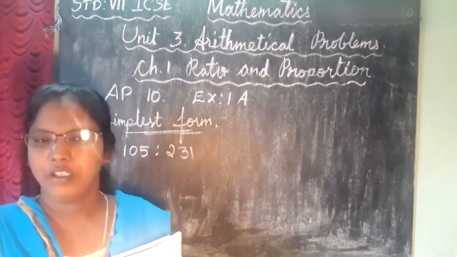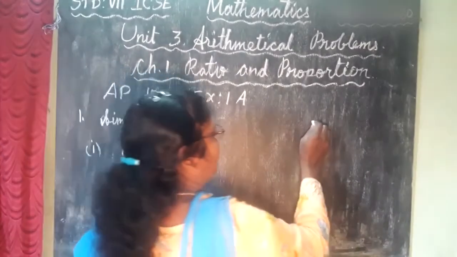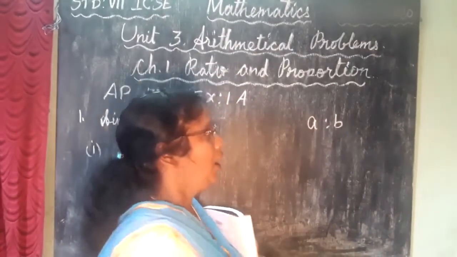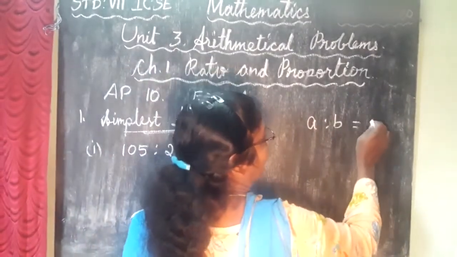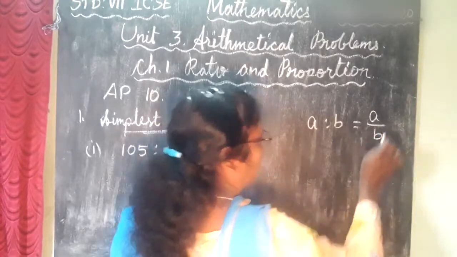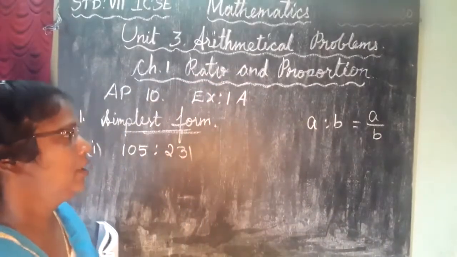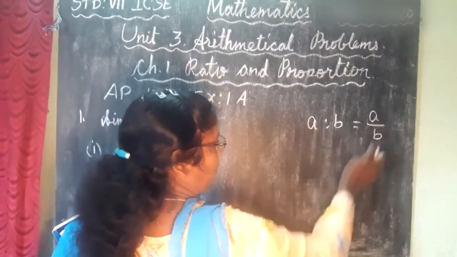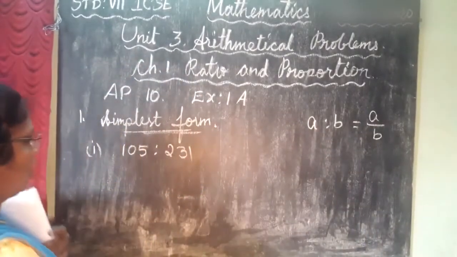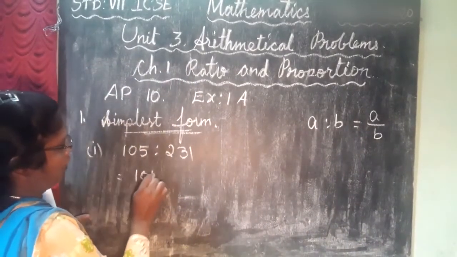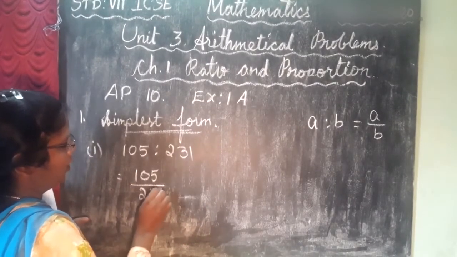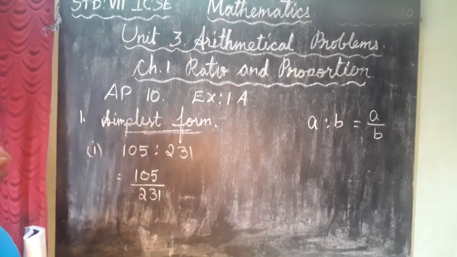Listen, here A is to B is written as a ratio and it can also be written as a fraction like A by B. Already we have learned this. A is to B can be written as A by B. So here I am writing 105 is to 231 as 105 by 231.